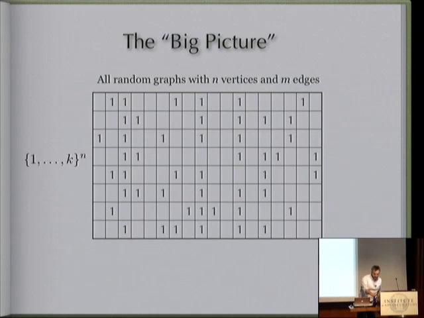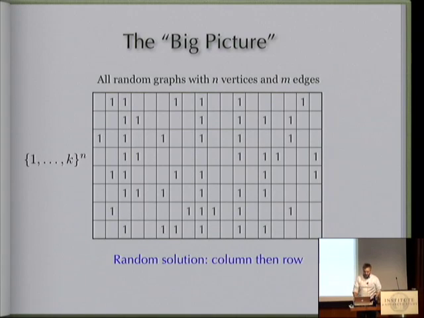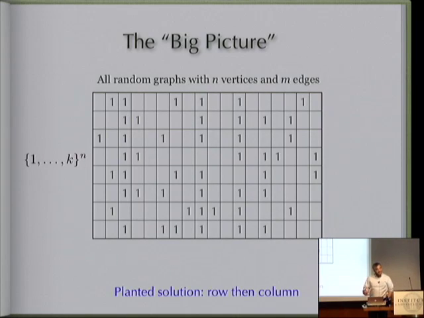So now, what we're actually interested in is a random solution, a random k coloring of a random graph, which means you first pick a random column, and then inside that column you pick a random 1. Okay? That's our object of desire. That's what we would like to study. On the other hand, what was easy for us to study and what we know how to do is to plant the coloring, which means we first pick a row, so we first pick a partition of the vertices at random, and then we pick a random graph which is compatible with that partition.